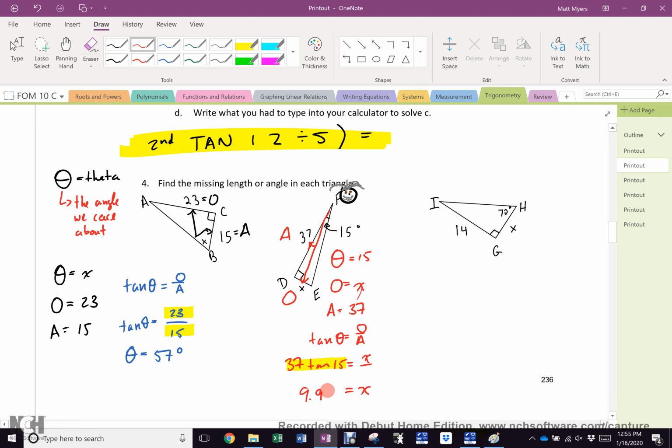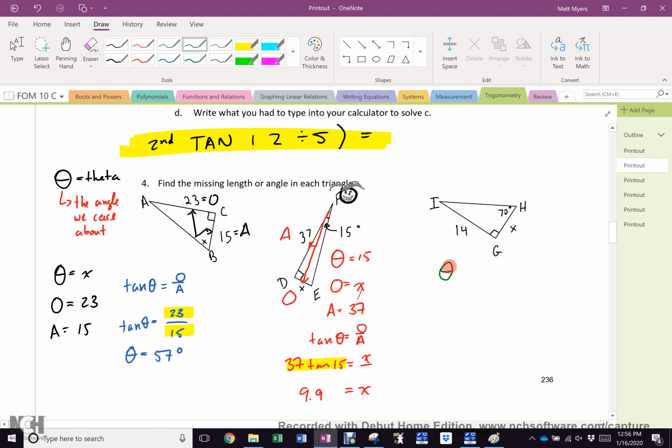Is everybody cool? If your calculator is backwards, you must go 15 tan times 37. Okay. Everybody good? All right. You should all now be able to do the last one.